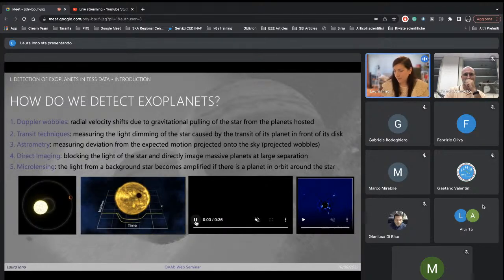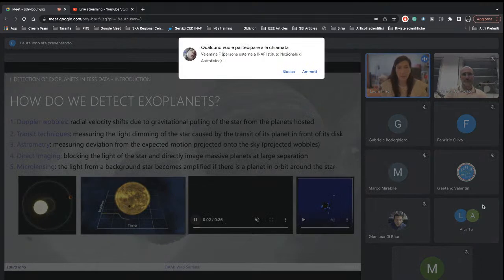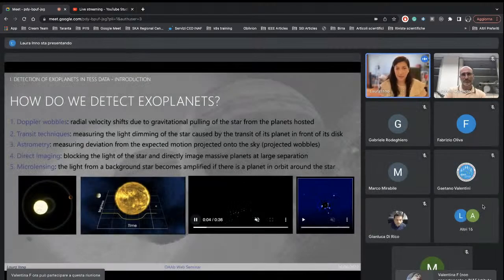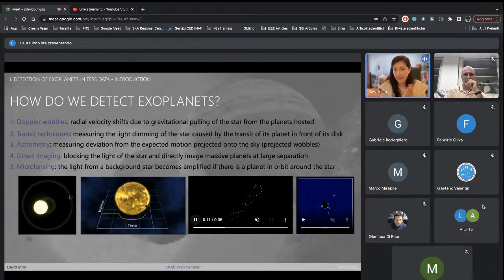Then we have astrometry, in which basically we measure, as in the first case, the motion of the star produced by the common rotation of the system around the center of mass. But in this case, the motion is projected on the sky. And if we can block the light from the central star with a coronagraph, then we can also directly image the planets, but this only works if the planets are massive enough and at large separation.